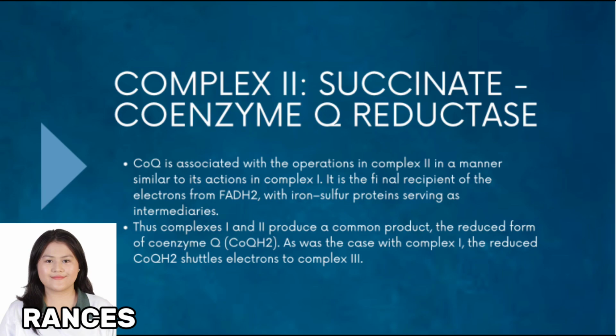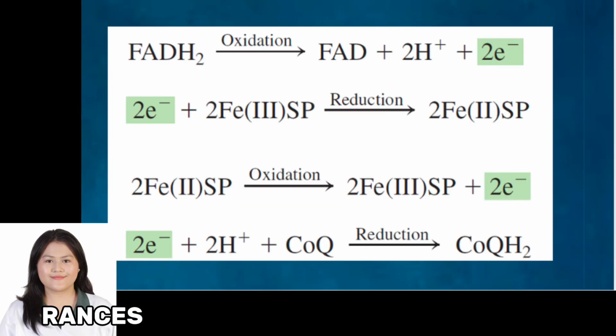As you can see here in figure 23.13, this summarizes the electron transport chain reactions associated with complexes 1 and 2. In figure 23.13a, the net process is shown, with only the starting and end products.